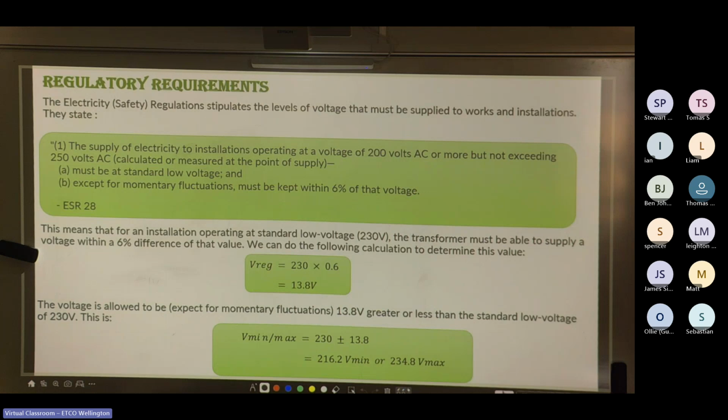So there are some regulatory requirements. The electrical safety regulations, or ESR, stipulate the levels of voltage that must be supplied to works and installations.